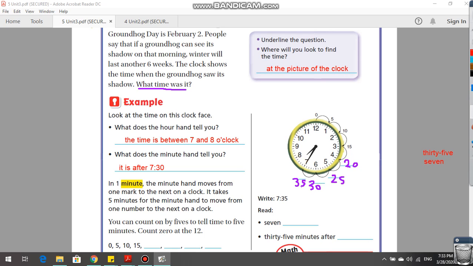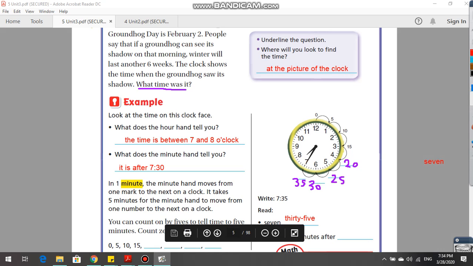So where did I stop, guys? At 35 minutes. So it's 7:35. Why is it not 8:35? Because I didn't reach 8 yet.